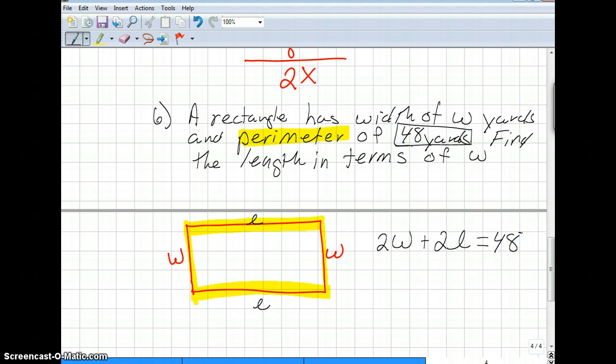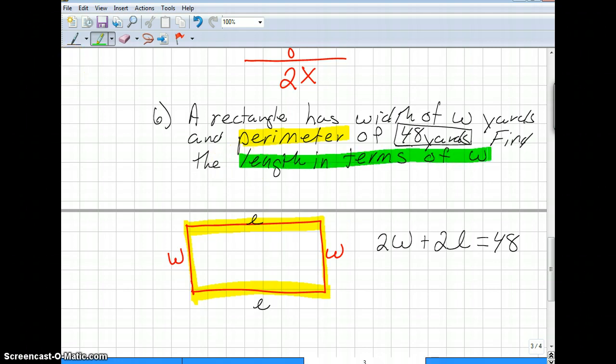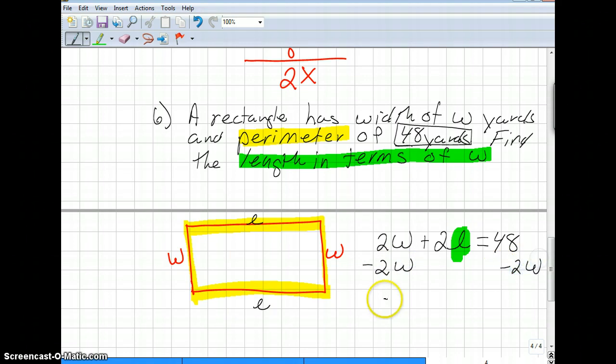Okay, now we want to find the length in terms of W. So in other words, we want to get L all by itself on one side and W on the other side. So what we want to do then is subtract 2W from both sides. So we have 2L equals 48 minus 2W.